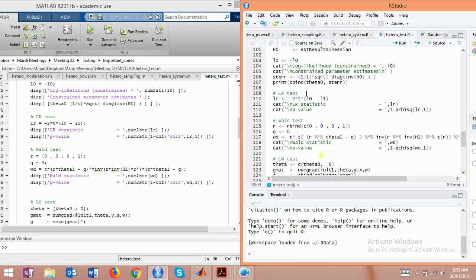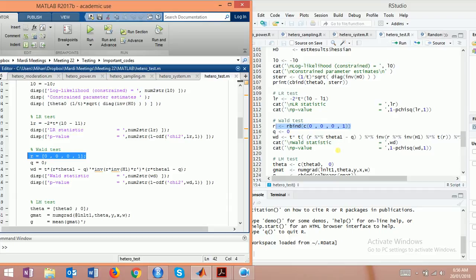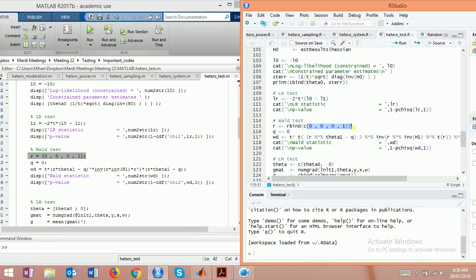So this is the equation. R equals rbind of 0 0 0 1, where we have combined these and added them with a row bind. They are represented in rows, and q equals 0. They are in rows, not in columns. Combine these values first and then use rbind. A bit unnecessary complication.